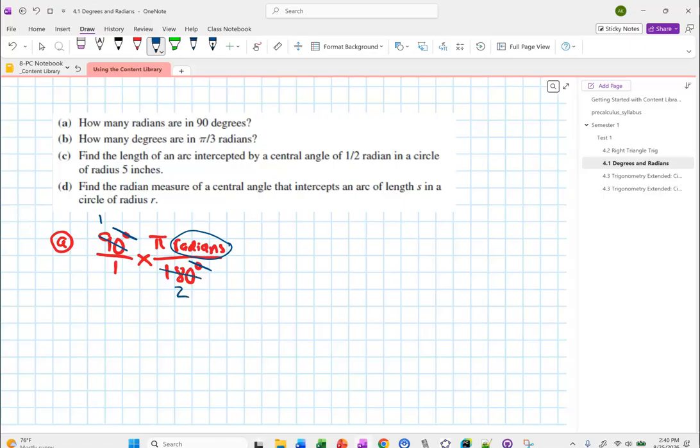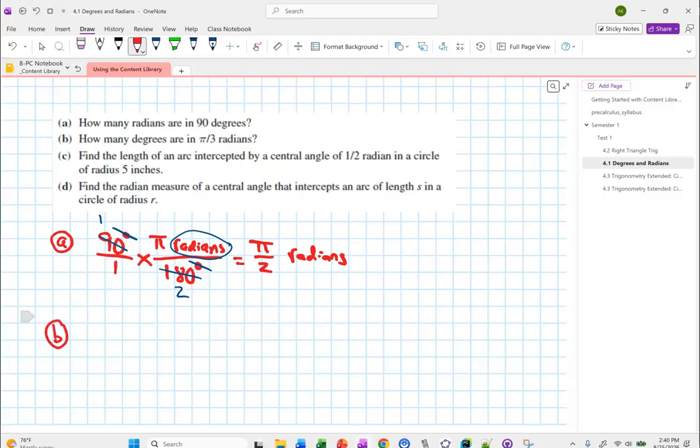So I'm left with pi over 2 radians. How do we feel about that? Just like a unit conversion in your chemistry class. Have we all taken a chemistry class at some point? Probably almost all of us.